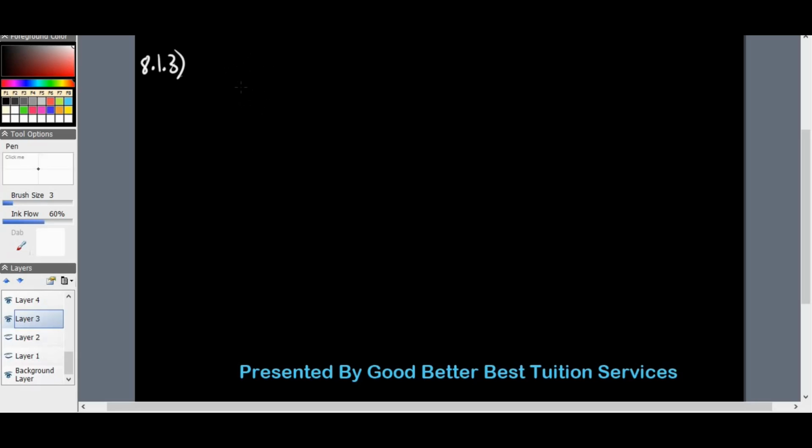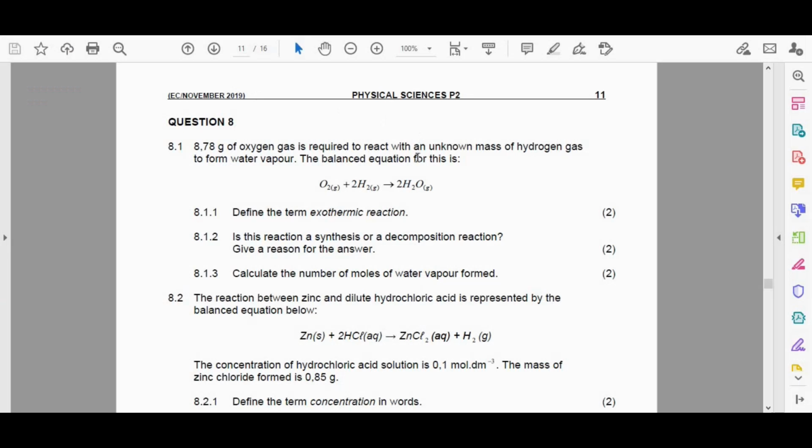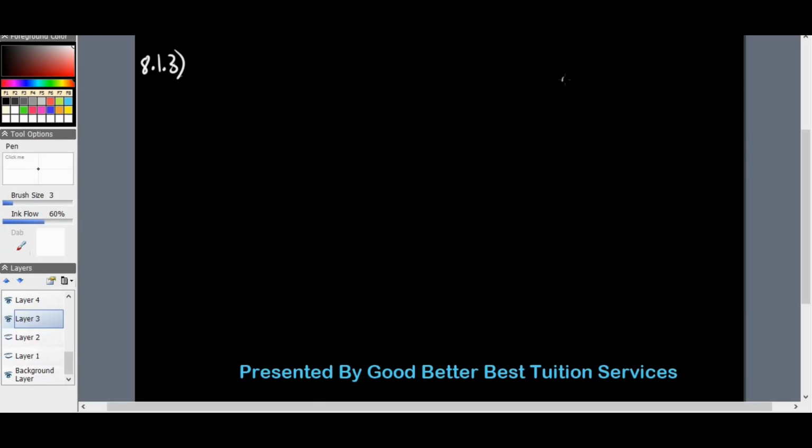What we can do first is we are given the mass of oxygen. The mass of O2 is 8.78 grams. Okay, this is stoichiometry. And we also know the molar mass of oxygen, or we can actually work out the molar mass of oxygen. We've got O2 there.